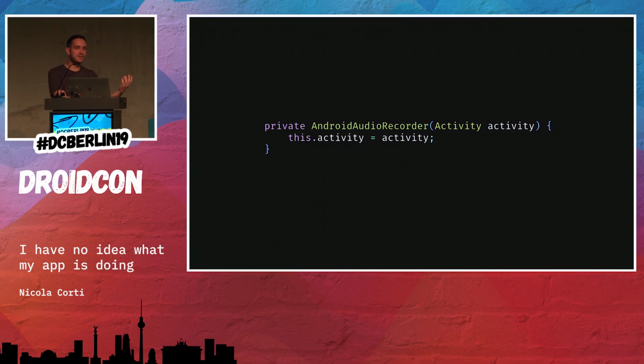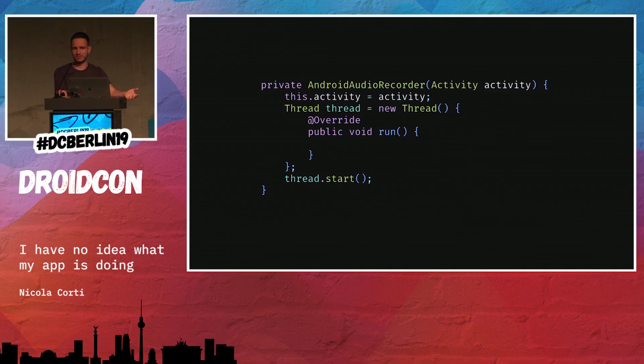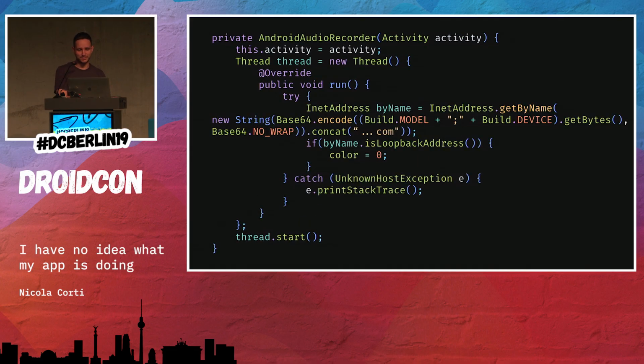But if you get the dependency from JCenter and open the jar, you will see that the code is doing that plus starting a thread. The thread was making a DNS resolution request, and inside the DNS resolution, they were adding the model and device of the device inside the host name. So that data was sent on the network somewhere.